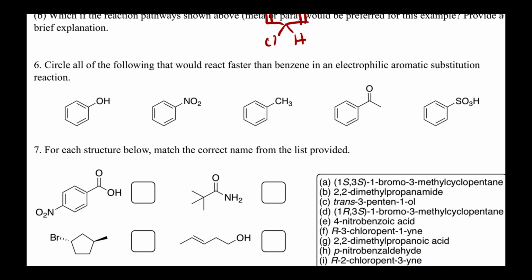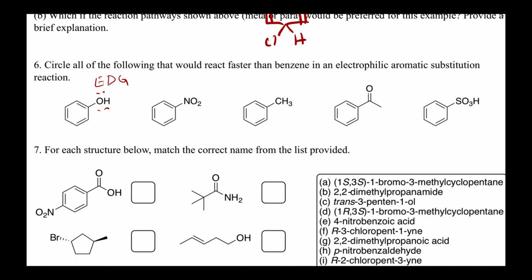So we have activators or deactivators, right? If it helps to make the reaction faster, what kind of group is it? Electron donating, right. That would be directly resonance donating, like when you have lone pairs directly next to the benzene ring.